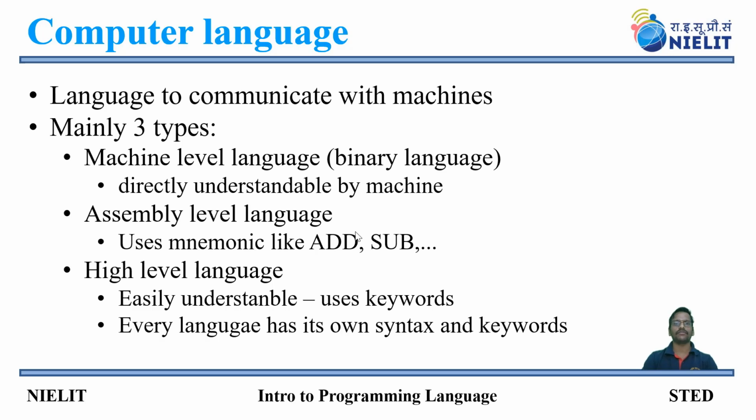The next type of language is high level language. High level language is easy for humans to understand, consisting of keywords which have predefined meanings defined in the language itself. Examples of high level languages are Python, C++, etc. To write in a high level language, to provide the grammar for that language, there is a concept called syntax.